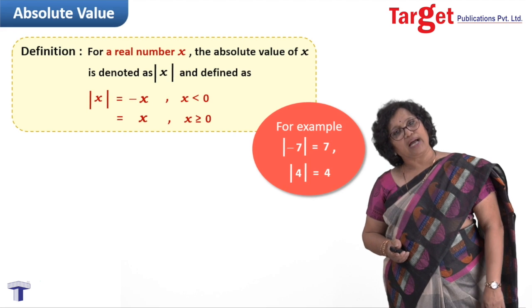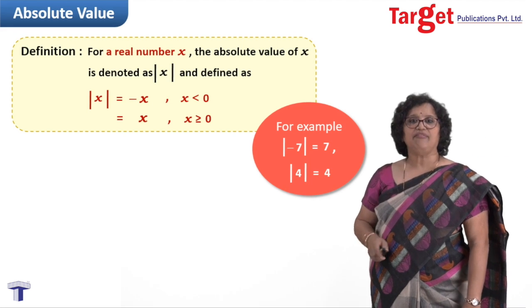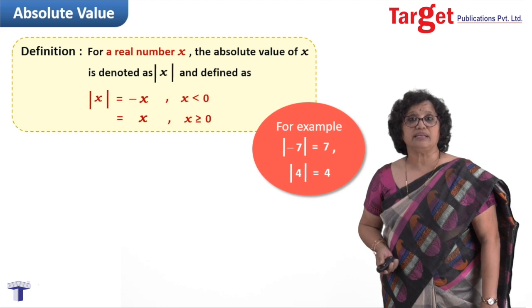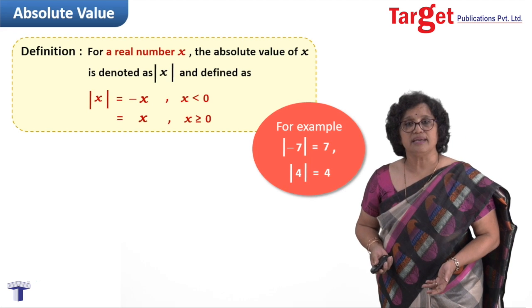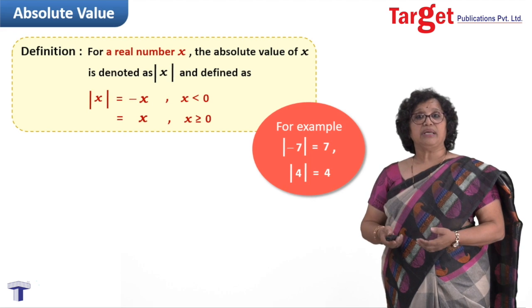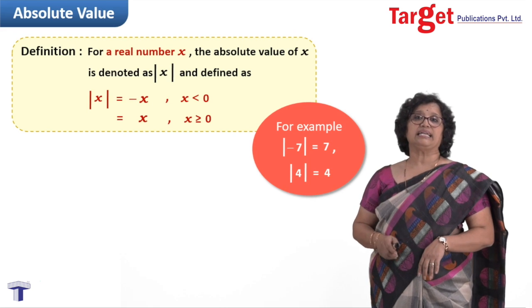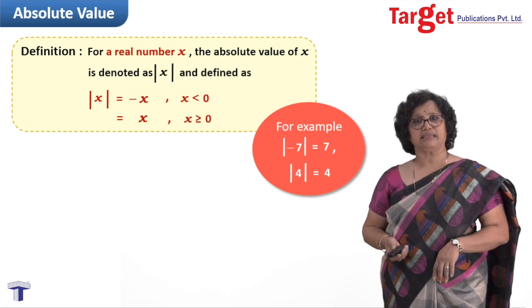Now, is it possible for us to keep writing numbers and their absolute values every time? Instead of collecting some 100, 150 numbers, or maybe infinite numbers, and getting their absolute values, it's better that we name that number as x. Then we will say that x changes, say from minus 7 to 4 or something like that.